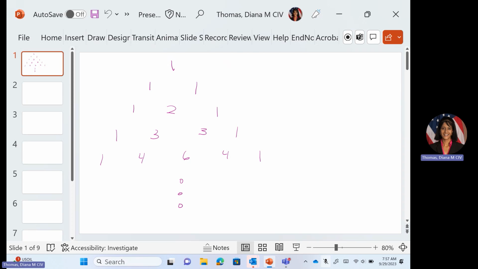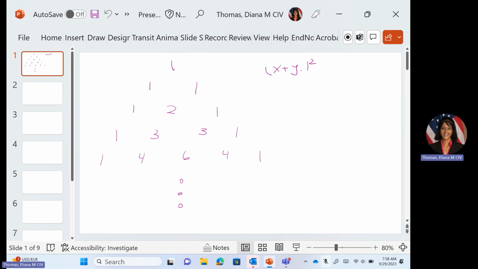What's really cool about this is that if I have x plus y squared, then what you're really getting is the coefficients of that binomial squared. Let's forget about the first row.